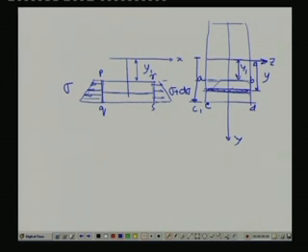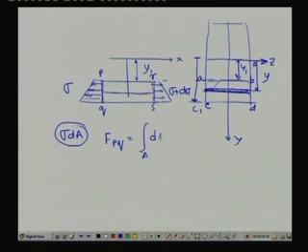On this small elemental area, it is sigma into dA. So the total force on side PQ will be the integral over the area dA. It is better to put the integration limits now, from y1 to C1, integral sigma dA, which comes out to be the total force onto the PQ face.